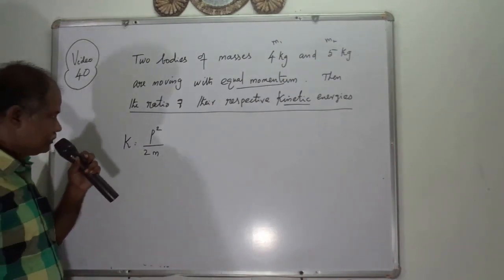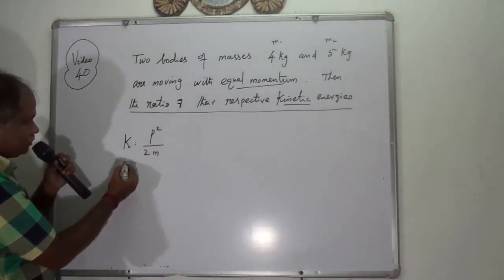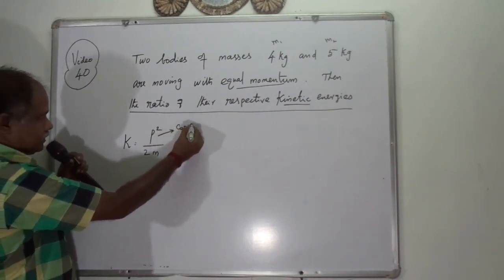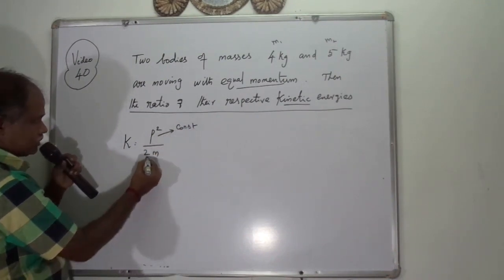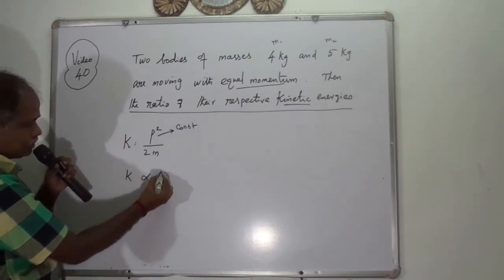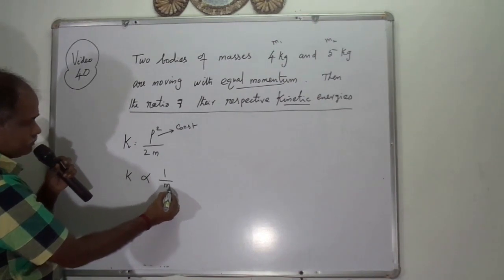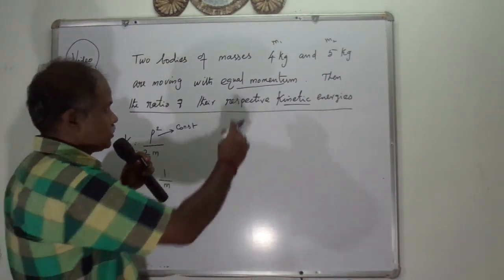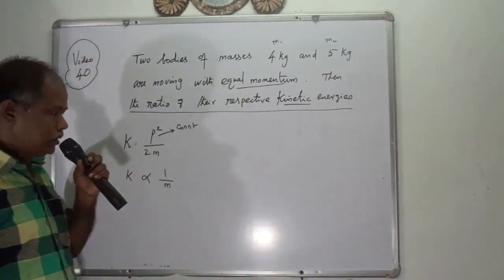The momentum being equal means that P is constant, and 2 is also constant. Then K is directly proportional to 1 by m. For example, consider the first mass m1.